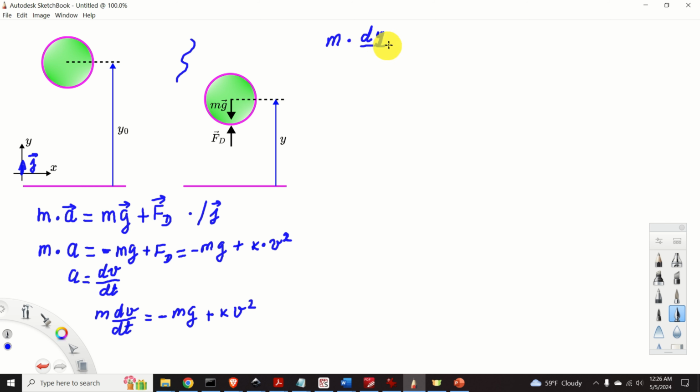Over here, I will take this dt and I will divide dy by dt. Then I'm left over here with dv, and I need to divide dv by dy such that this dy over here and this dy over here can be cancelled, and I will have the left-hand side over here.